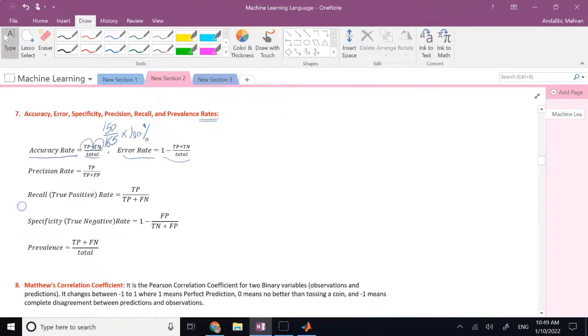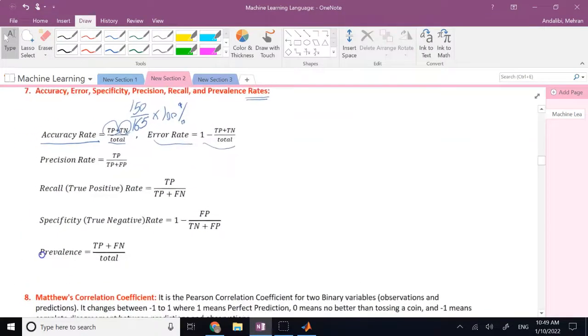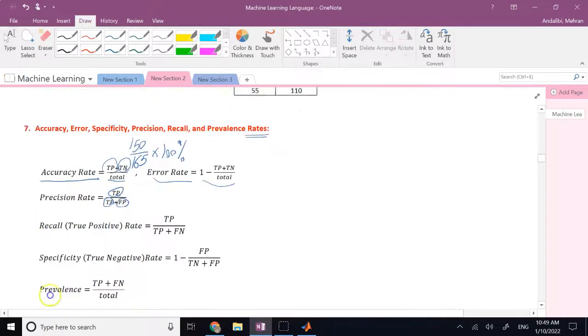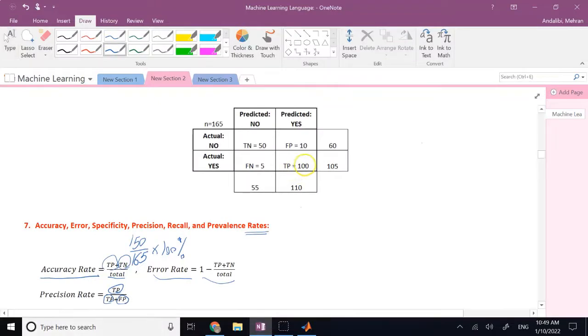There are a few other rates that you might hear in the literature, so I want to clarify them for you. One of them is called the precision rate. The precision rate is the true positive over true positive plus false positive, which is what is here, divided by the total of these.